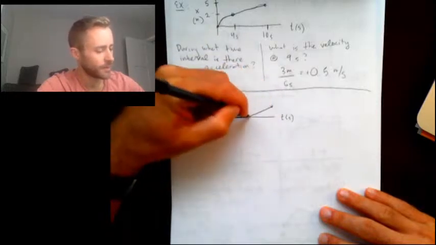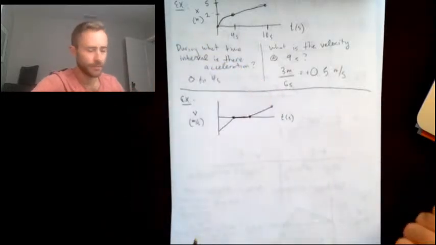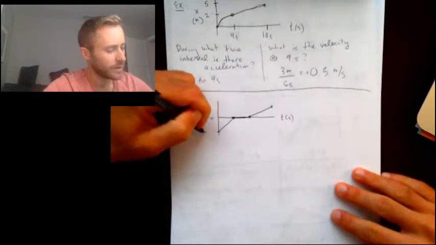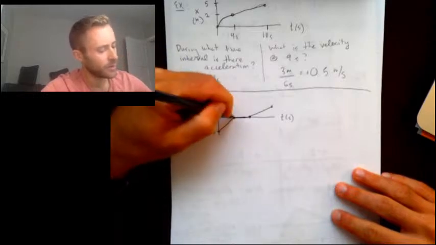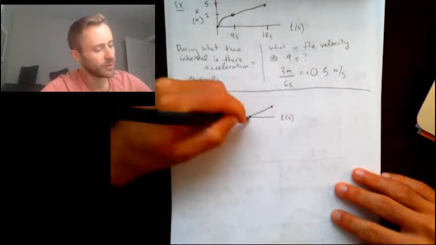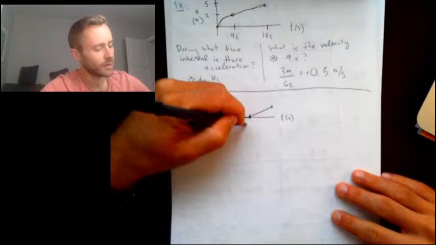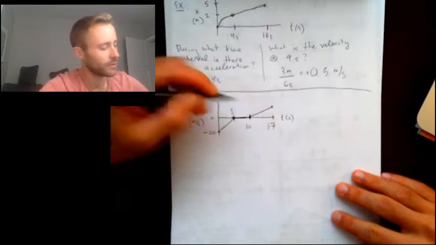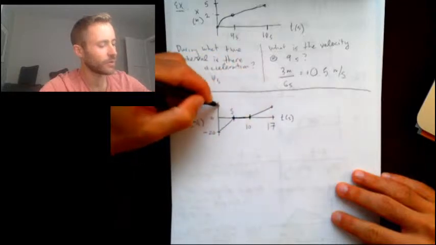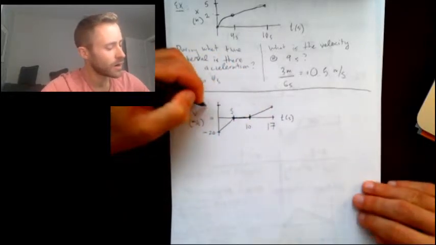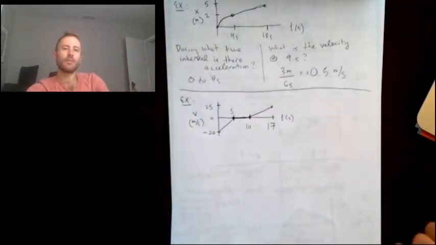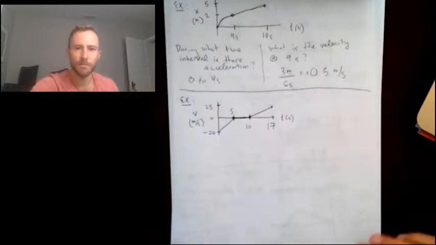So it kind of looks like this. Let me put some numbers on the axes here. Let's say that is negative 20 meters per second. This is 5 seconds. This is 10 seconds. This is 17 seconds. And that is a velocity that corresponds to, let's say, 25 meters per second. So this graph is not to scale, obviously. I'm just making up the key numbers, okay?